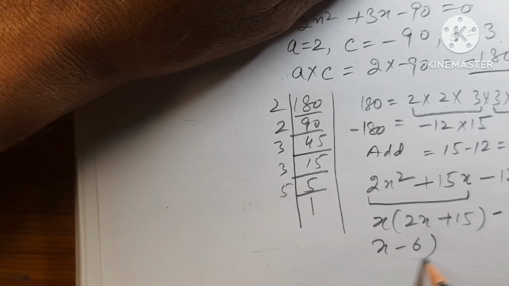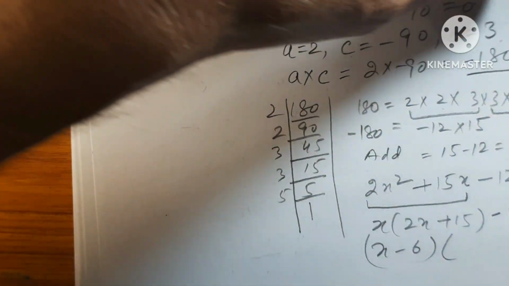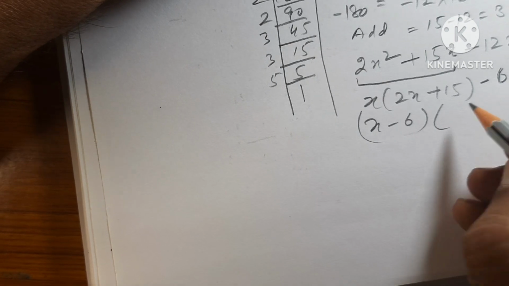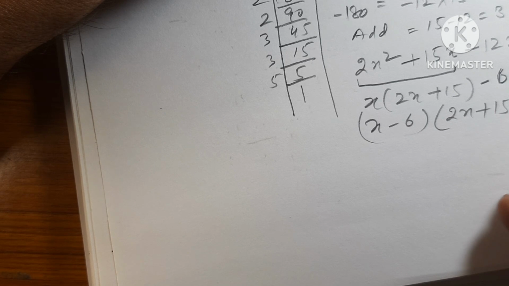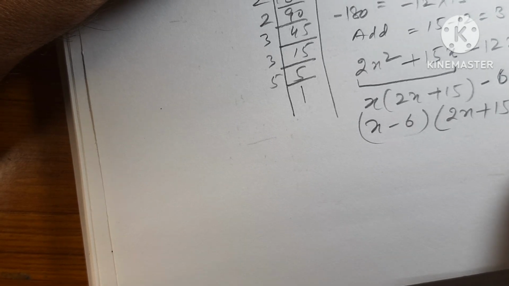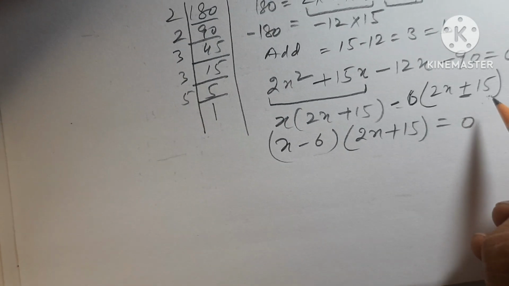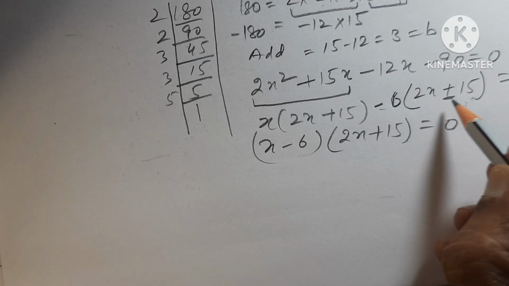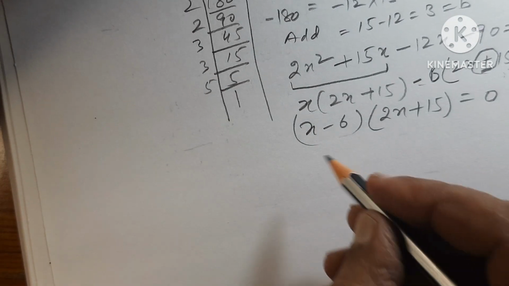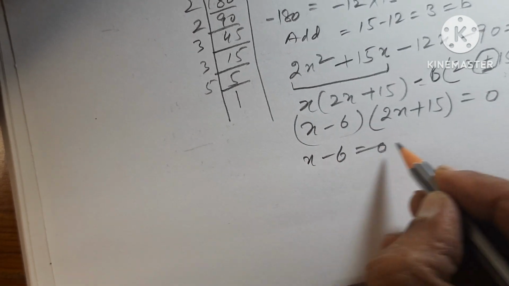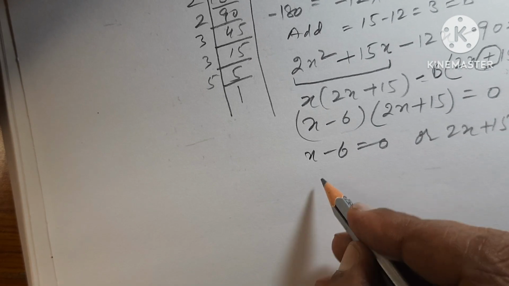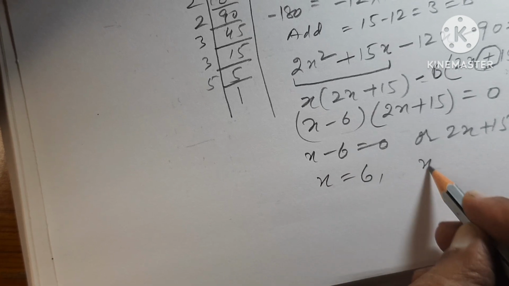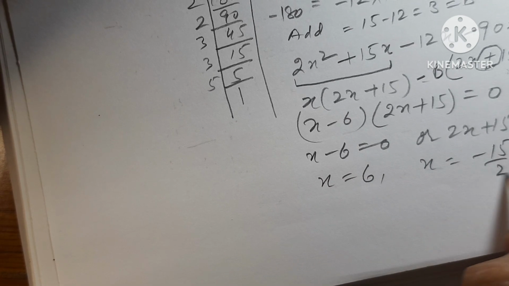So (x minus 6)(2x plus 15) is equal to 0. Check this sign, because this is minus and minus is outside, the internal sign will change. That means x minus 6 is equal to 0, or 2x plus 15 is equal to 0, so x is equal to 6, or x is equal to minus 15 by 2.